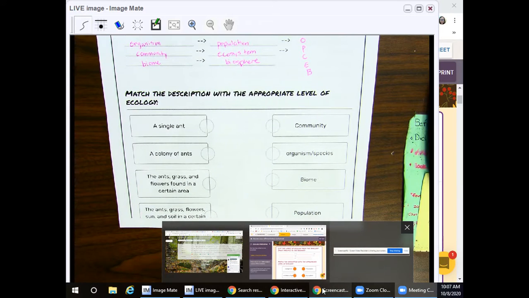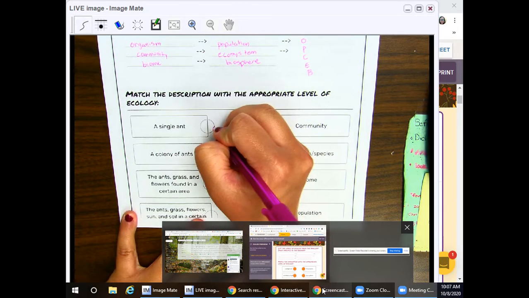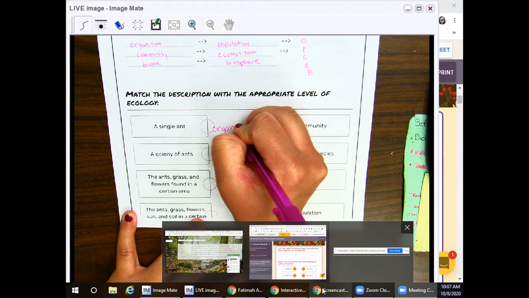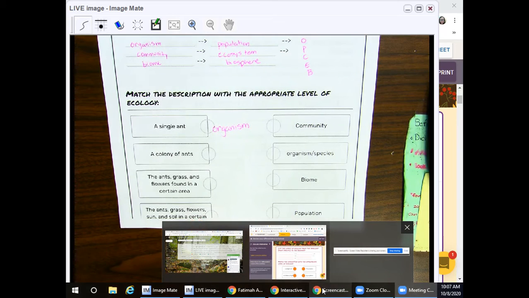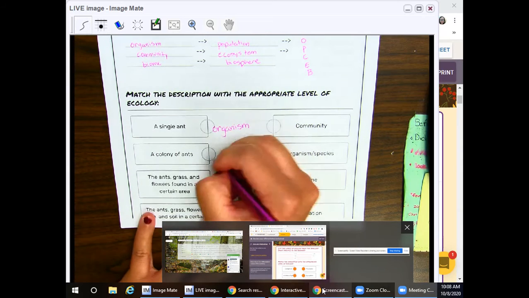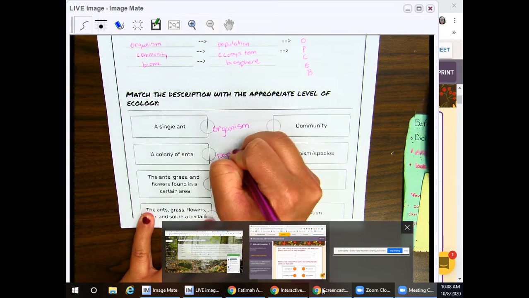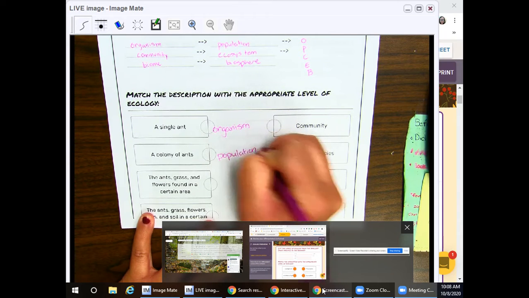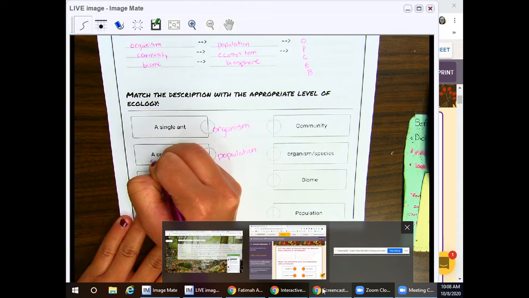If you're just a single ant, just one ant all by itself, we say that's an organism. A colony of ants, we say that's a population. And that's because it's the same species.